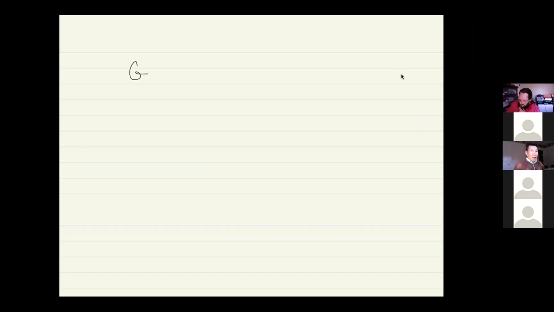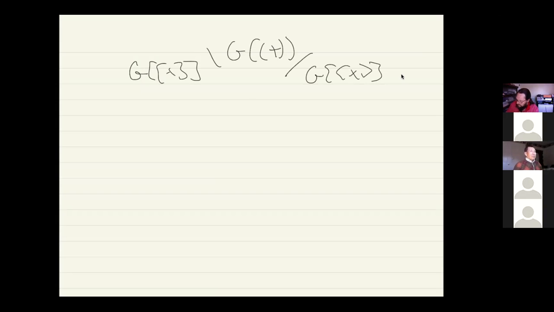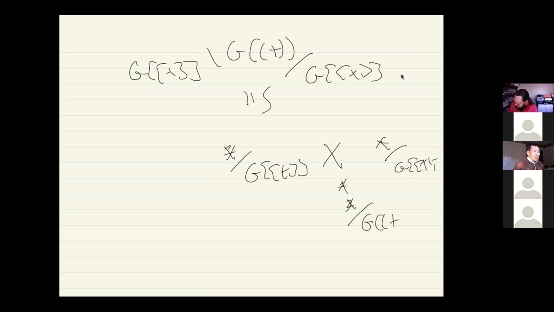Oh, I see. So that will be the double cosets. Yeah, if I think about the double cosets, so that equivariant homology, I can think of that as the double cosets. And this double cosets is secretly point mod the Taylor series, fiber product point mod the Taylor series, over point mod the Laurent series.